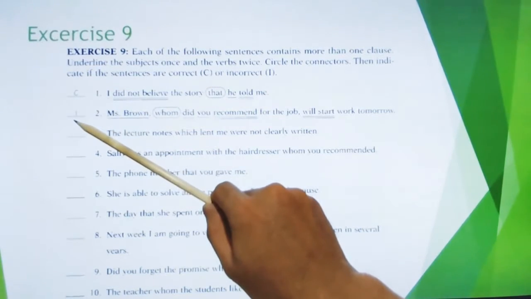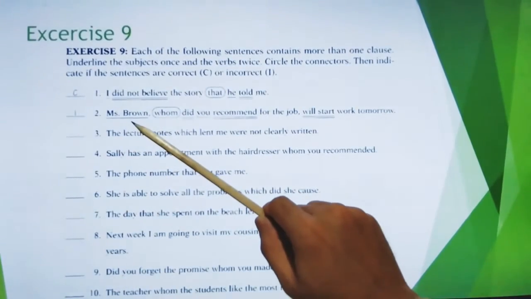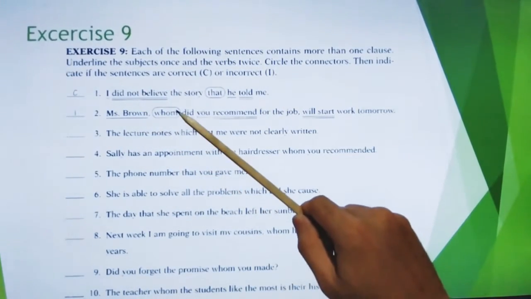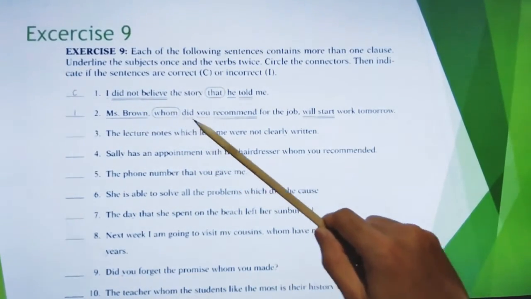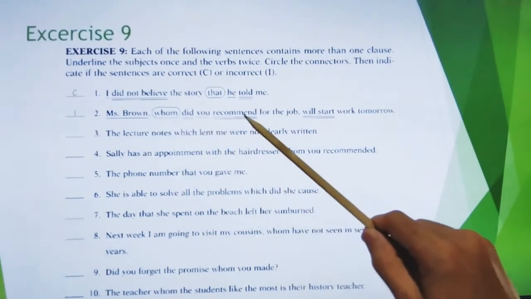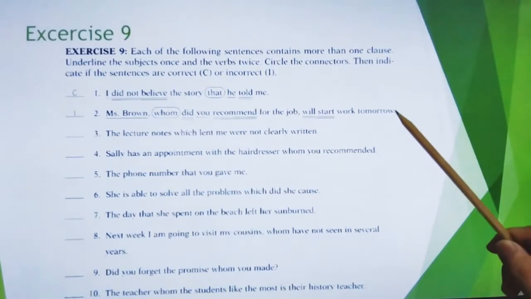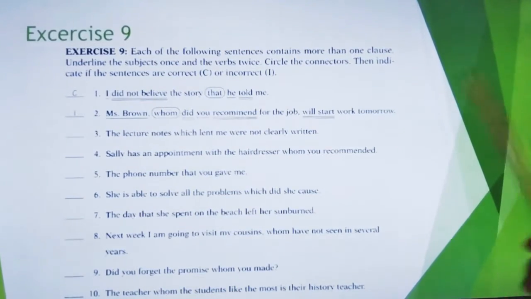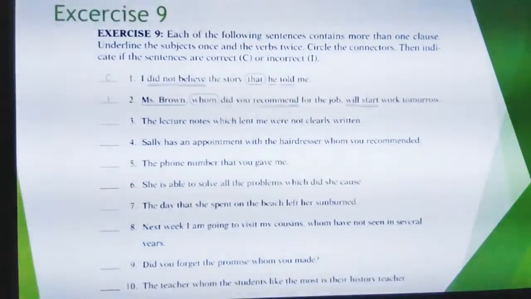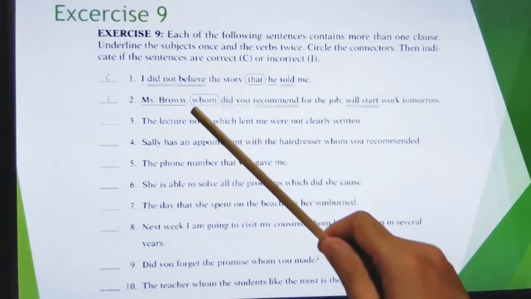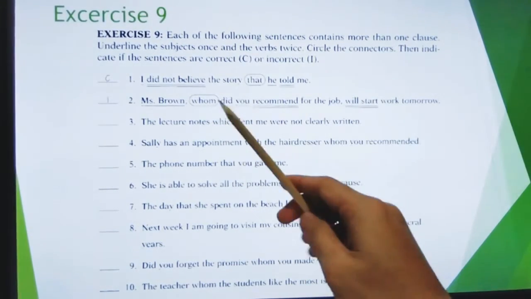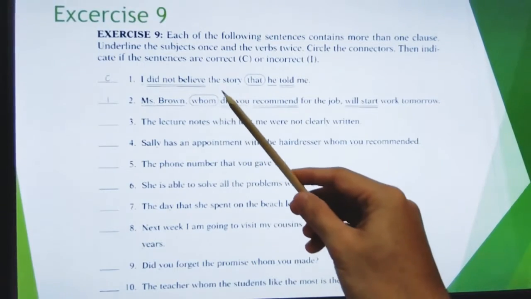So what about number 2? Why is it incorrect? Subject, connectors. Did you recommend for the job? We'll start work tomorrow. It should be whom you.